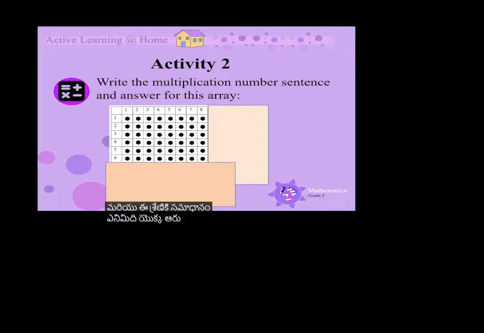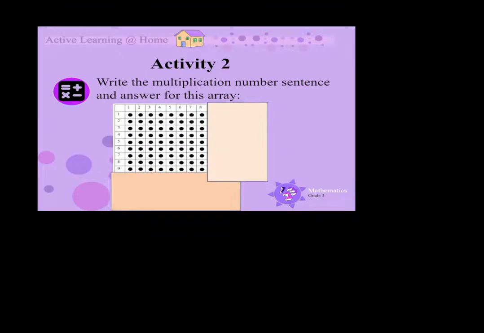There are 6 groups of 8, so the multiplication number sentence is 6 times 8. Now count the dots, and you will get the answer 48. Let's do one more. Write the multiplication number sentence and answer for this array.